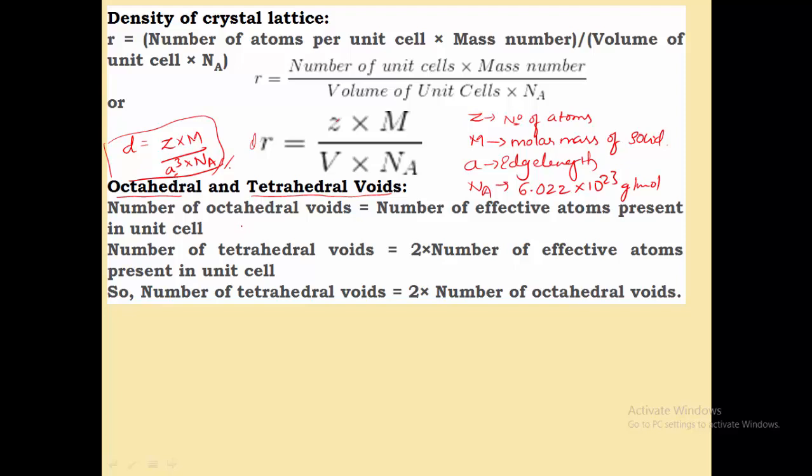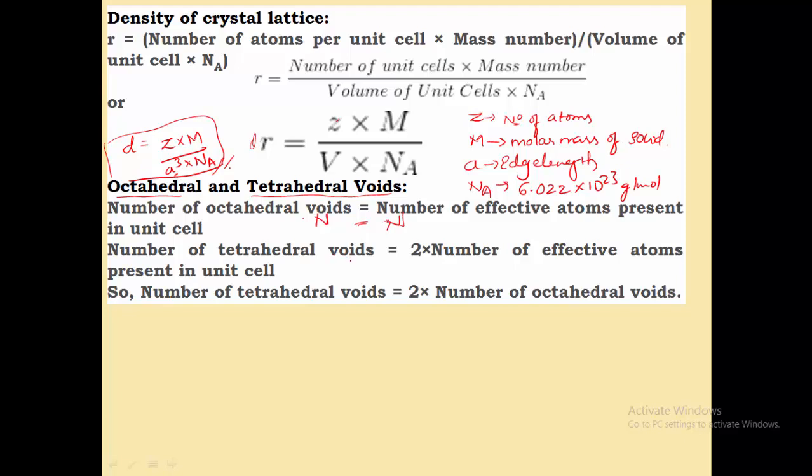Empty spaces between the particles are considered voids. See here, the number of octahedral voids, if you denote it as N, and the number of effective atoms present in the unit cell is also N. Both are equal: the number of octahedral voids and the number of atoms, N is equal to N.